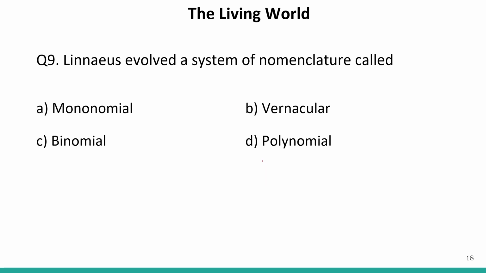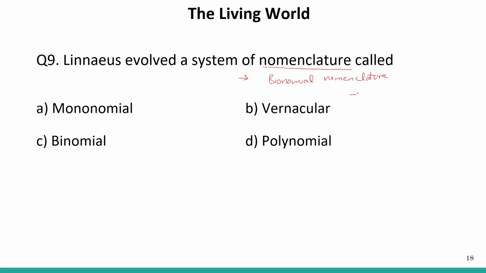The next question is, Linnaeus evolved a system of nomenclature. Which system of nomenclature did he develop? Binomial nomenclature.